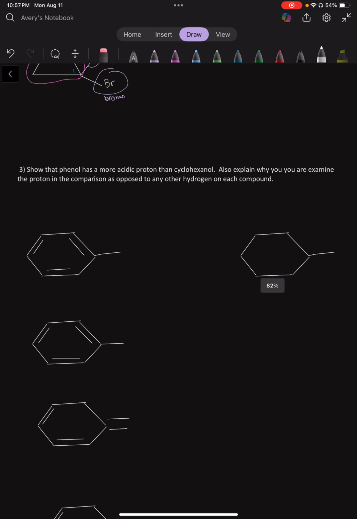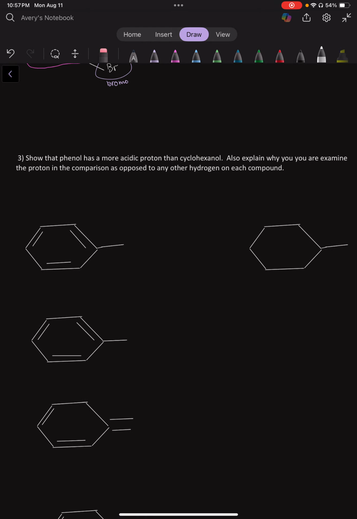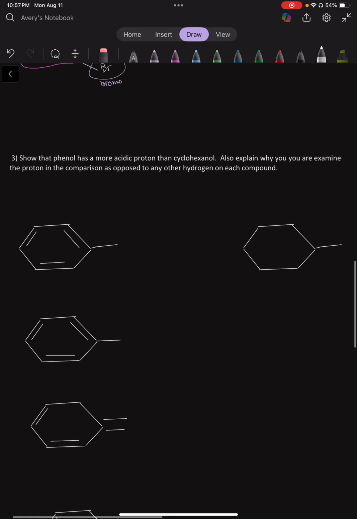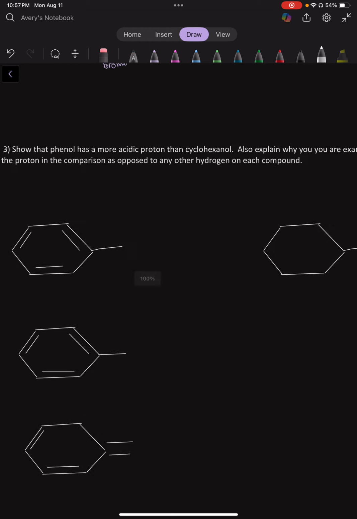Question number 3. Show that phenol has a more acidic proton than cyclohexanol. Explain why you are examining the proton in the comparison as opposed to any other hydrogen in the compound.